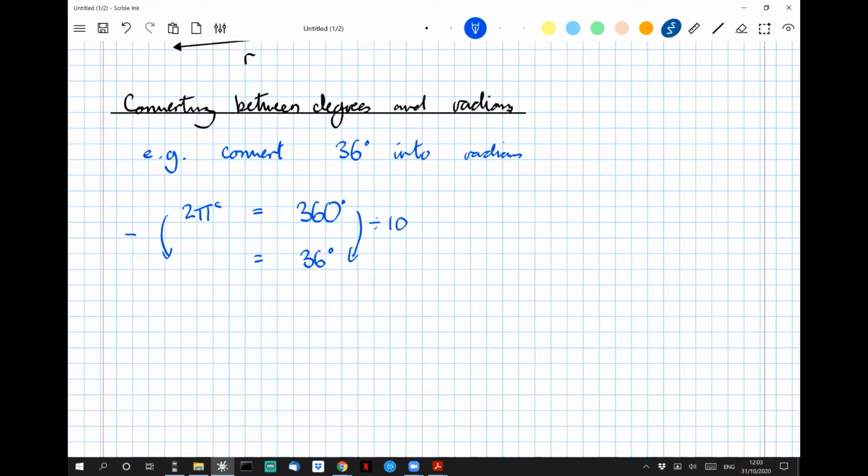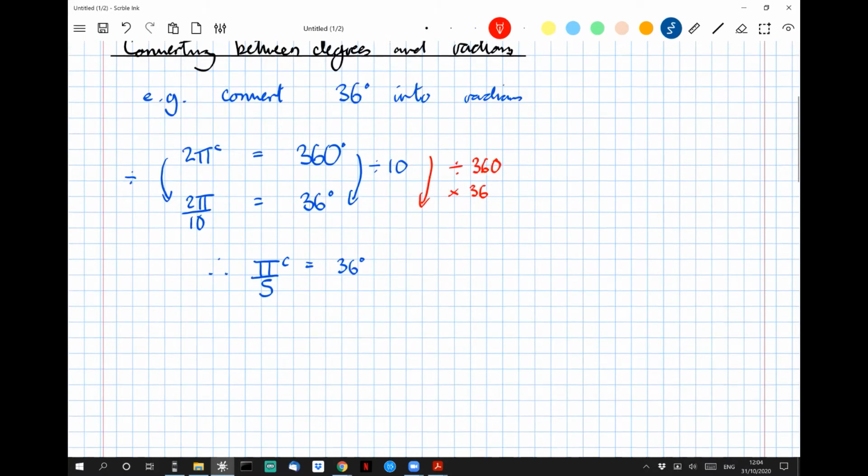So if I divide that side by 10 as well, I get 2/10 pi, or pi over 5 radians equals 36 degrees. Now, it might not be as easy as just dividing by 10. So what we could have done here, we could have divided by 360, then multiplied by 36. So take it down to 1 degree, then push it back up again to 36.